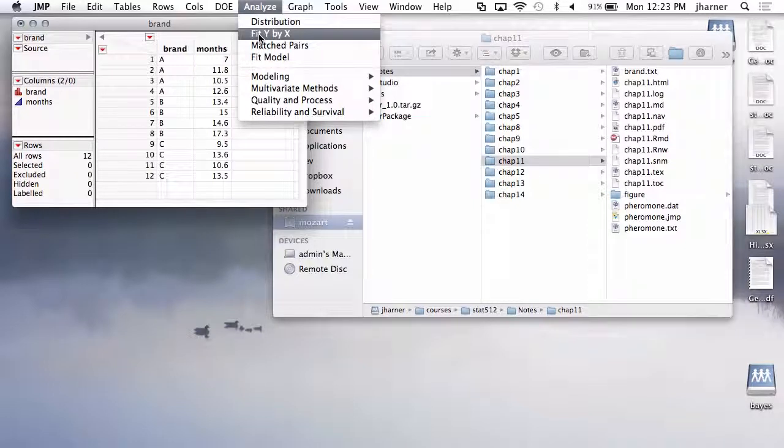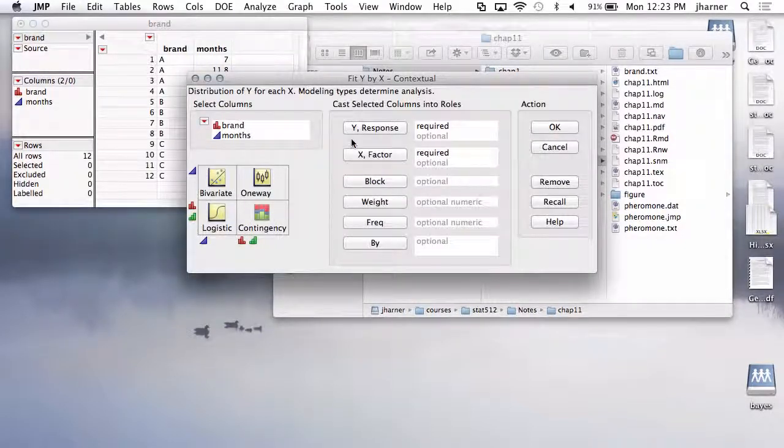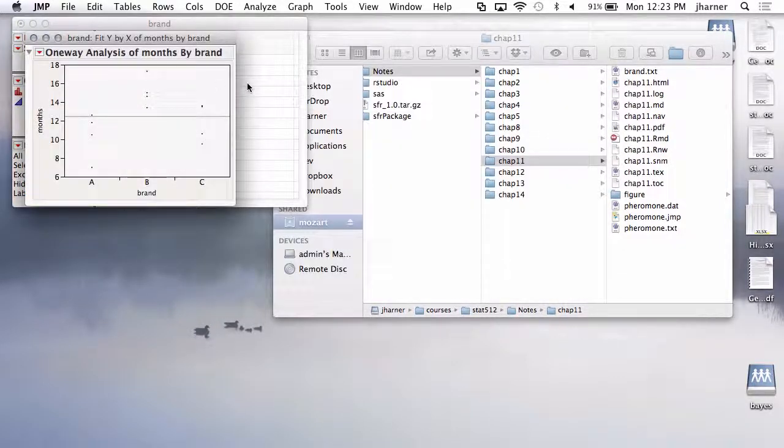First of all, you could just fit it Y by X, because in this case I have months by X, and I can say okay, and then I can do multiple comparisons and so forth. And we did this last time.